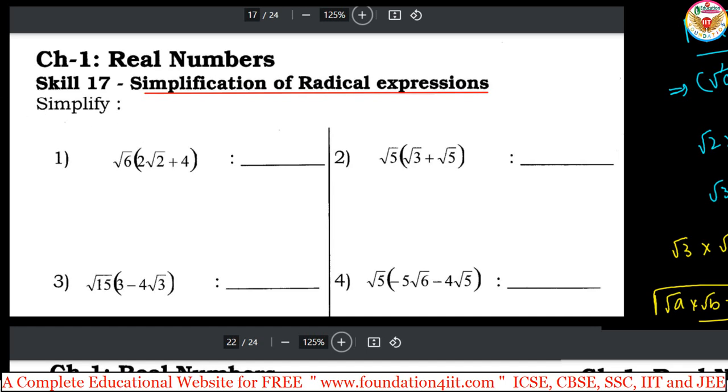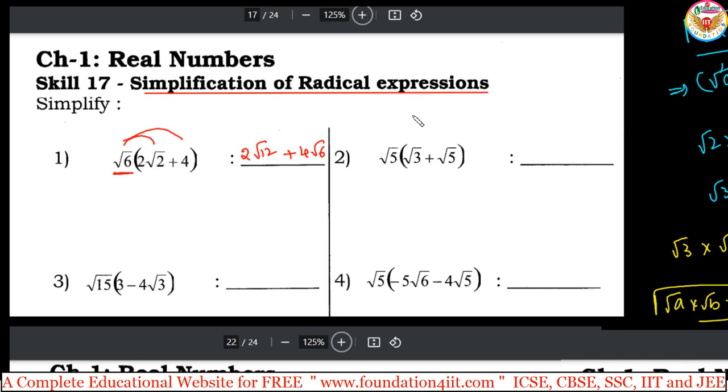Now, here you can observe. Square root of 6, you should multiply this both. Root 6 into 2 root 2. 2 is the rational number. Root 2 into root 6 into root 2 is root 12 we can write. Plus root 6 into 4 is just 4 root 6 only. Okay, these are the simplifications.